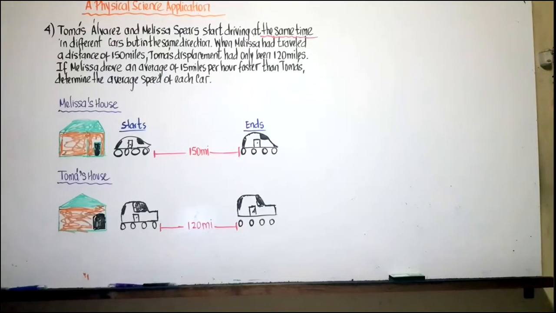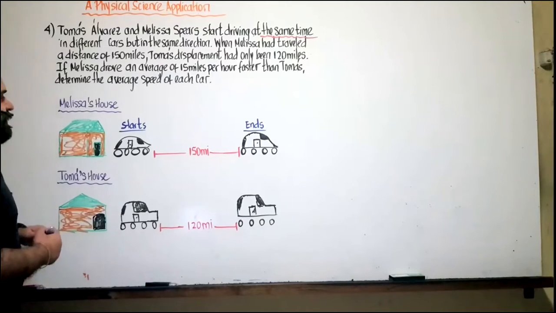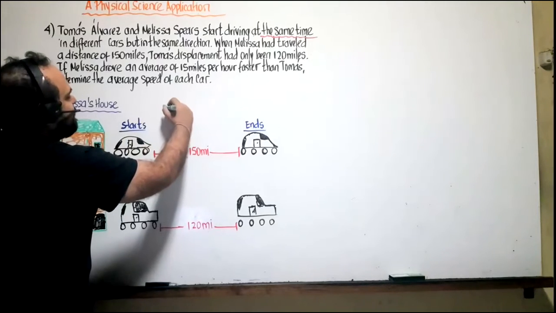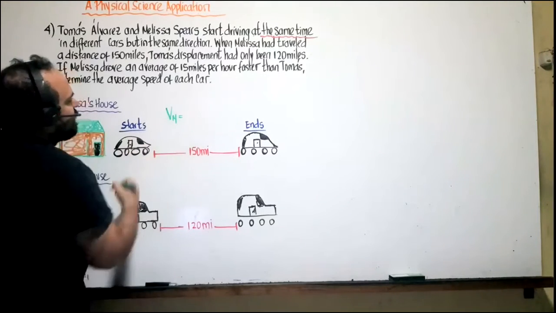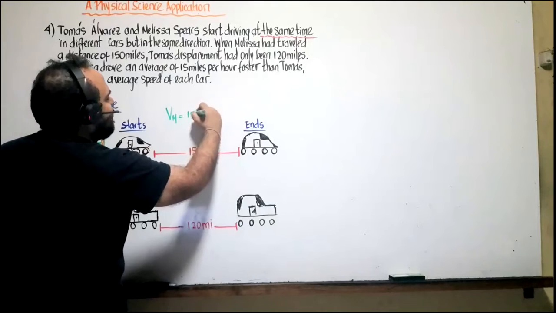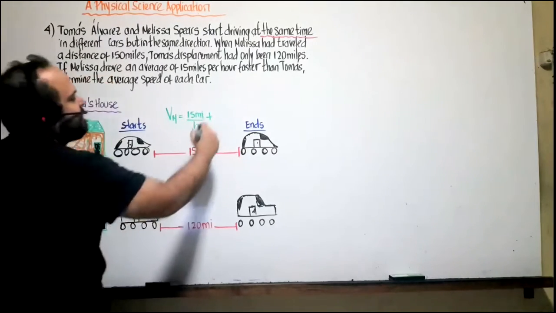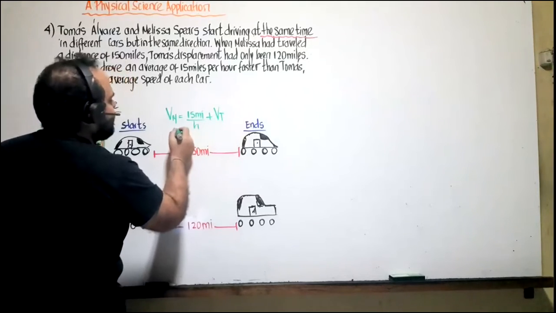What other information do we have about Melissa? The problem mentioned that Melissa drove at an average speed 15 miles per hour faster than Thomas. We don't know the speed of Thomas in the car. However, the speed of Melissa, which I'm going to label over here, will be 15 miles per hour faster than the possible velocity of Thomas.